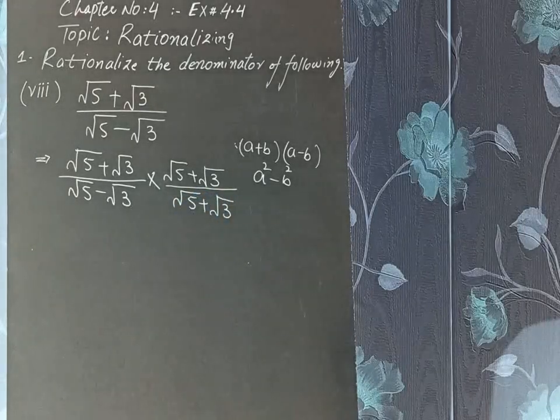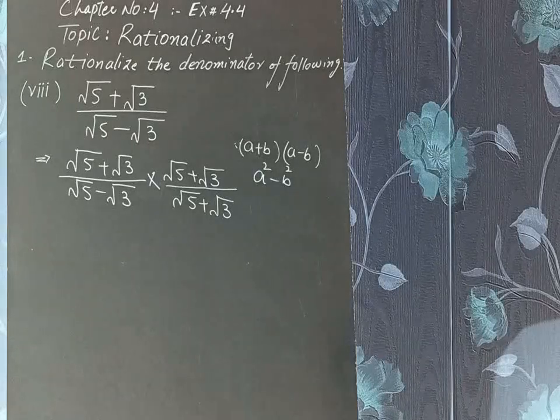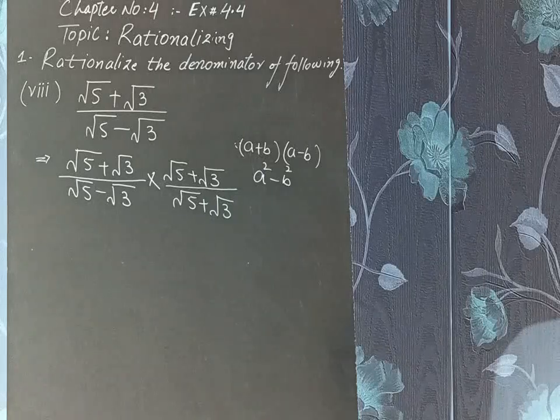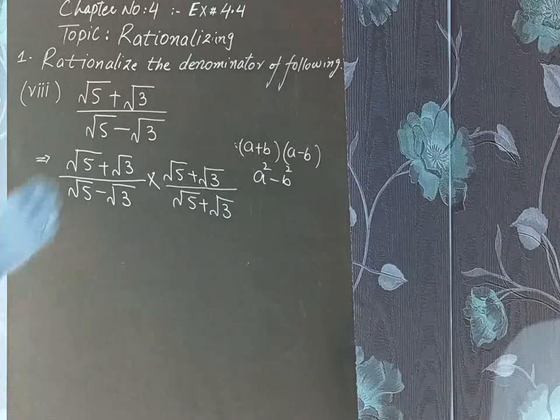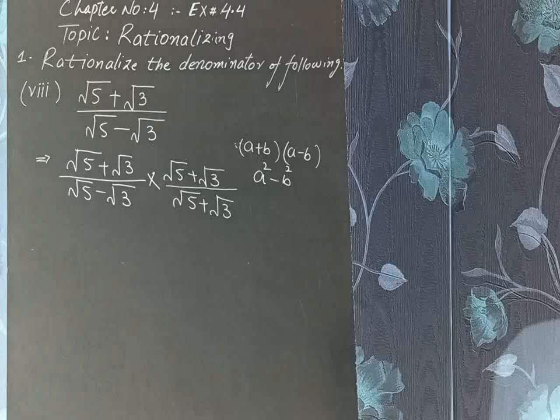Now in this expression, there is multiplication between them. Simply we will multiply the numerator by the numerator and the denominator by the denominator. You can see here the numerators are completely the same, even their signs are the same. So we will take their whole square.